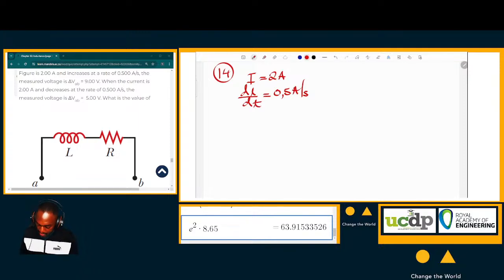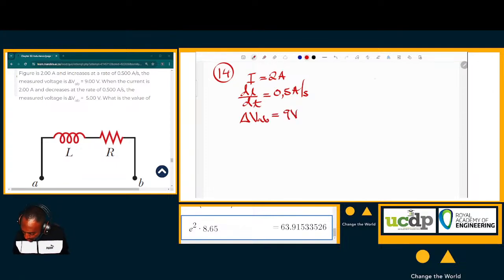And when the current is increasing, for the first case, delta V_AB is equal to 9 volts.